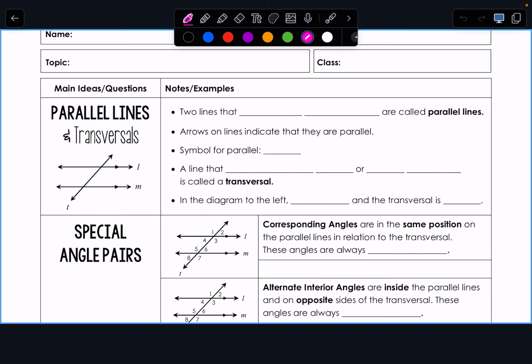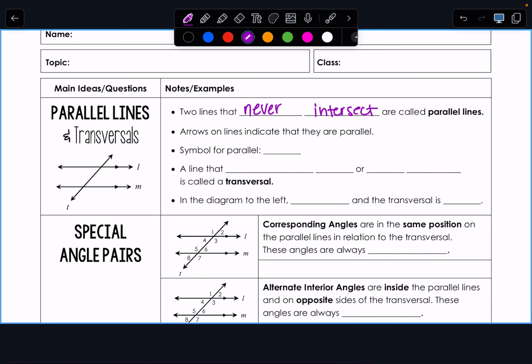Parallel lines, two lines that never cross, never meet, never intersect. You know what? Let's say intersect. I like that better. Okay.